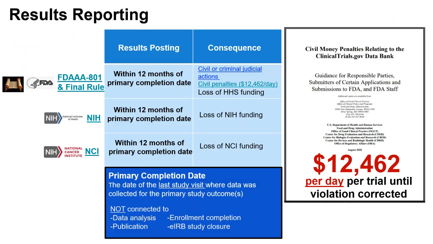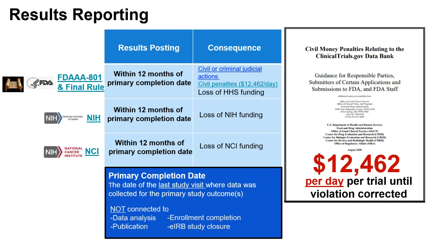As you all know, results are required to be reported within 12 months of the primary completion date, which is the date you collect the last patient last visit data for the primary outcome measures for FDA-regulated applicable clinical trials and NIH-funded clinical trials.